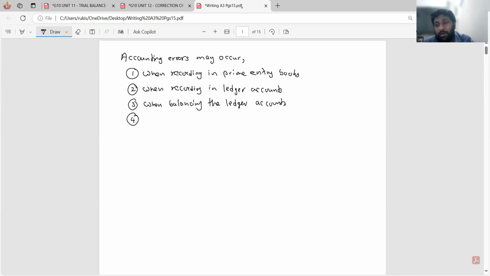After you balance the ledger accounts, you will prepare the trial balance. So mistakes can happen when you are preparing the trial balance. So here I gave you four situations where the mistakes or errors can happen in accounting.